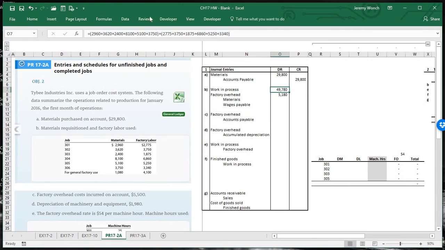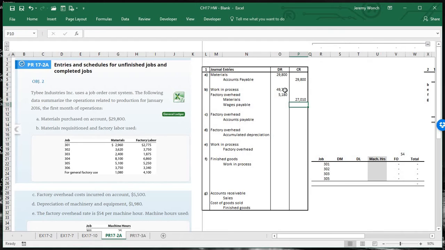Since we already typed the numbers in once, no sense doing it again. We'll just copy and paste it over. Plus we have to add in our 1080. So this 2710 is the sum of all these right here.